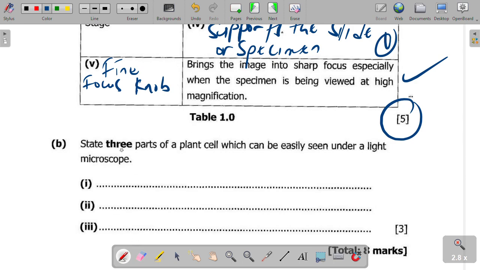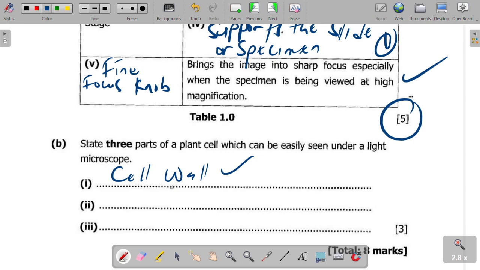Number 1, you're going to see the cell wall. It will appear a bit large, and you'll be able to see it under the light microscope. So number 1 is cell wall.